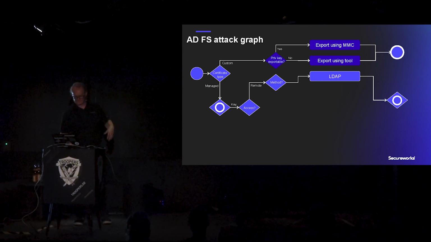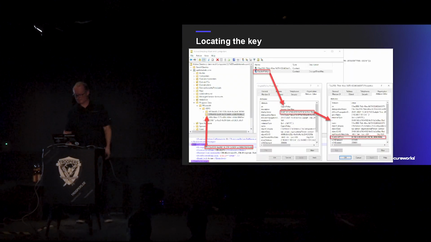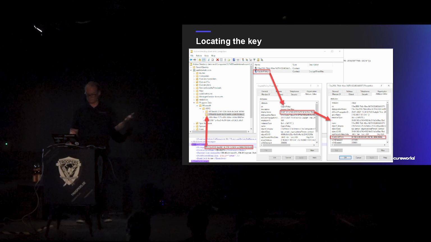So here it is. First of all, usually we need to have the configuration first, but for this demo, I do it the wrong way around. In that configuration, it says what is the group where the key is. And the key group is actually an organizational unit under your AD, under Program Data, Microsoft, ADFS, and then the organizational unit where the key is.